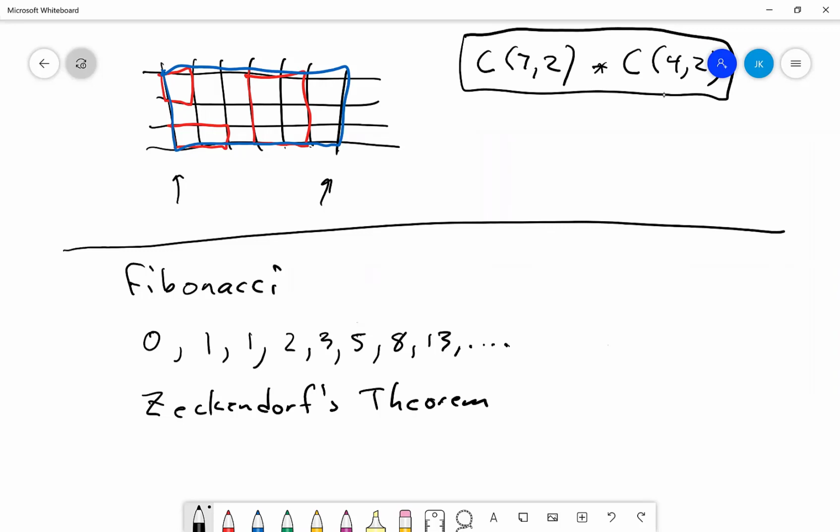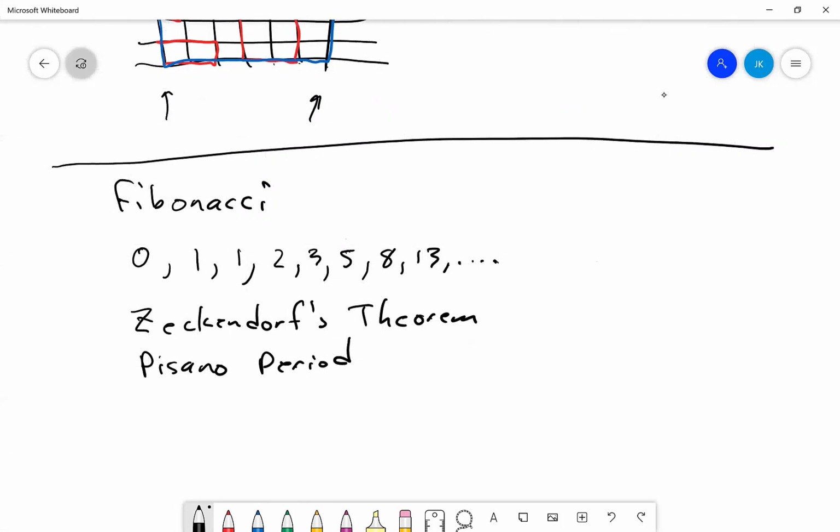There's also something that's interesting called the Pisano period, which basically says how frequently the digits of a Fibonacci sequence repeat. So the last digit will repeat every 60 numbers. The last 2 digits will repeat every 300 numbers.